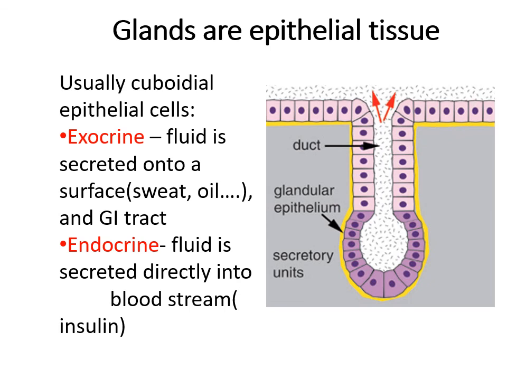Okay, so one's exocrine, one's endocrine. And the pancreas, by the way, is endocrine and exocrine. Endocrine by secreting insulin into the bloodstream, exocrine by secreting pancreatic enzymes into the gastrointestinal tract.